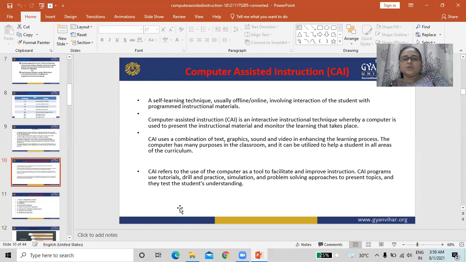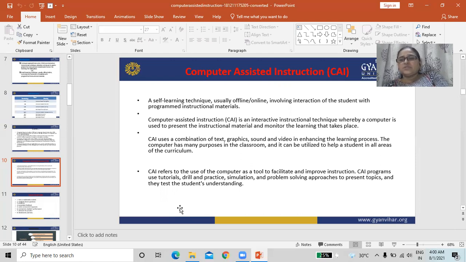Computer assisted instruction refers to the use of the computer as a tool to facilitate and improve instruction.